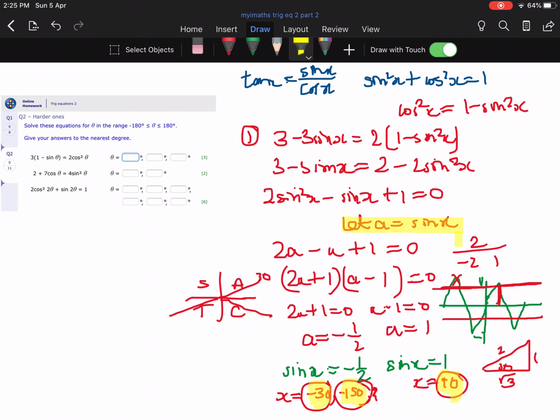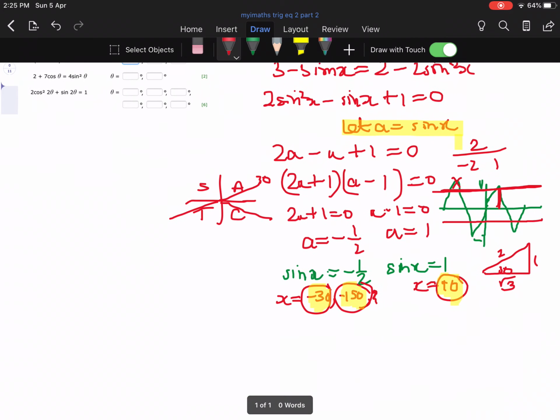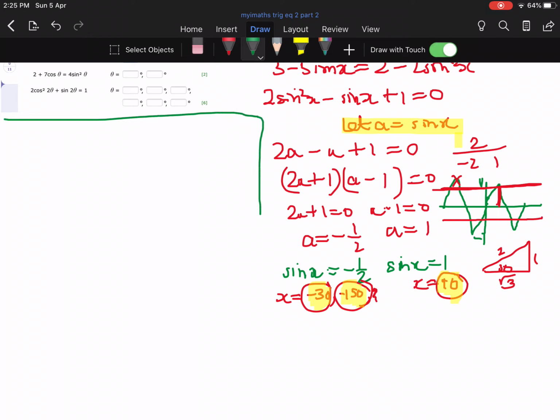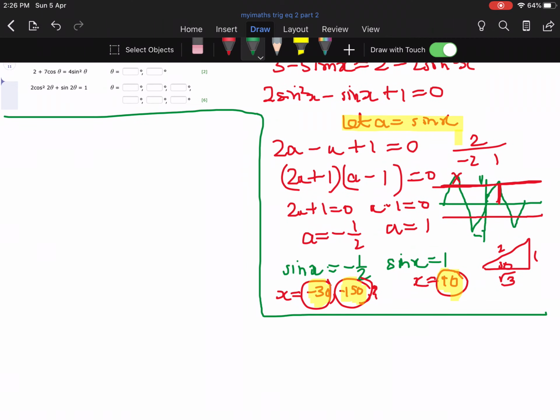Okay, so if I just rub out this cast diagram, that'll give me more space here. So number 2, let's see how I can fit it in here. Number 2 says 2 plus 7 cos theta equals 4 sine squared theta. So I'm going to remember above sine squared theta plus cos squared theta equals 1.